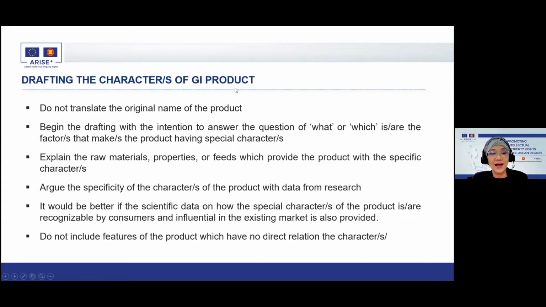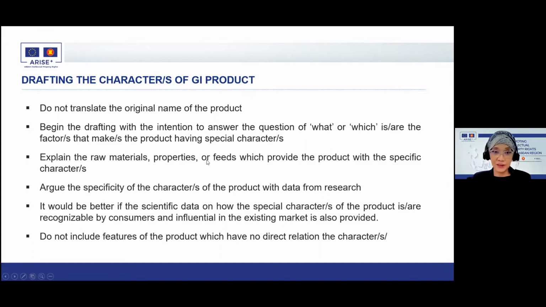And how to draft the characters of the product? The tips are: do not translate the original name of the products. Begin the drafting with the intention to answer the questions of what or which are the factors that make the products have special characters.